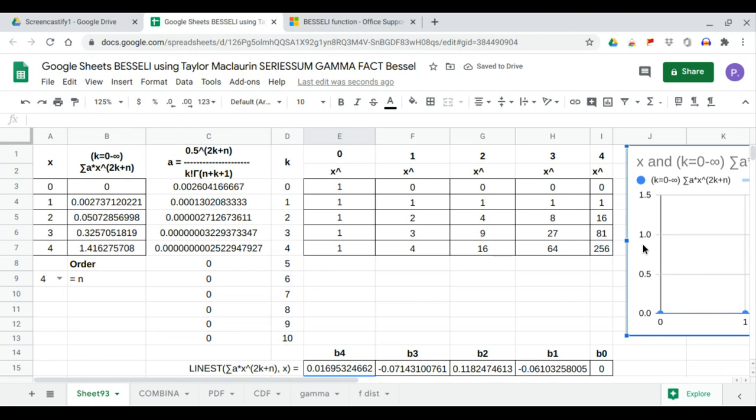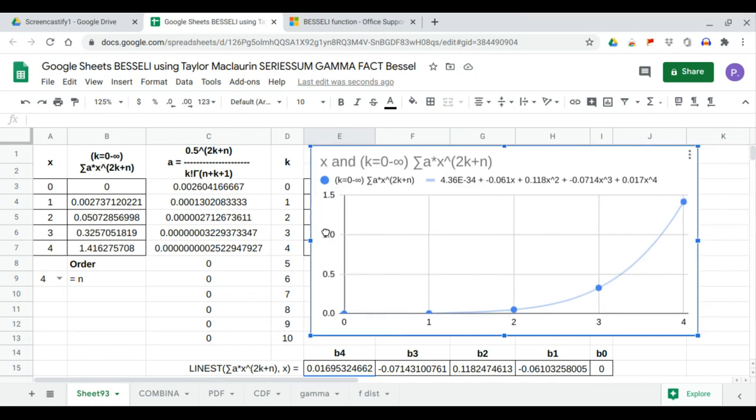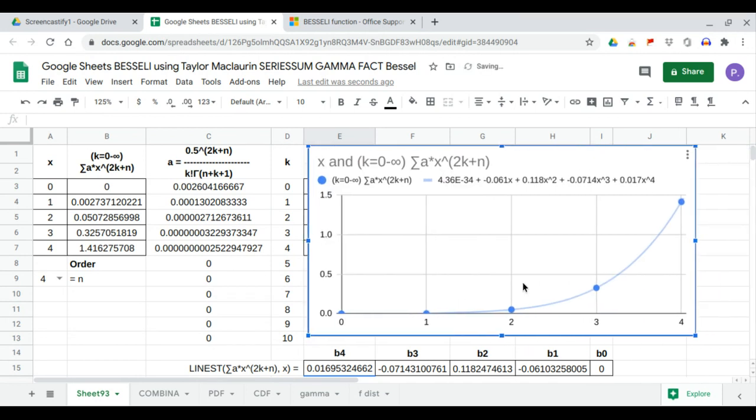Let's see if these regression coefficients match our trend line. B0 is 4.36 times 10 to the minus 34. Yeah, that's correct. That's small enough to be 0. B1, negative 0.061. B2, 0.118. B3, negative 0.0714.